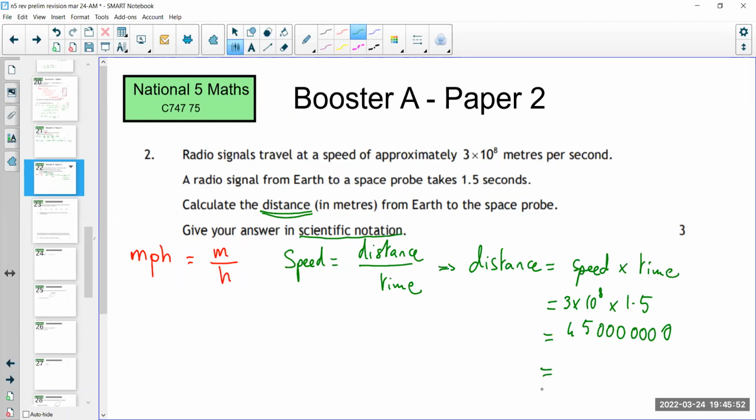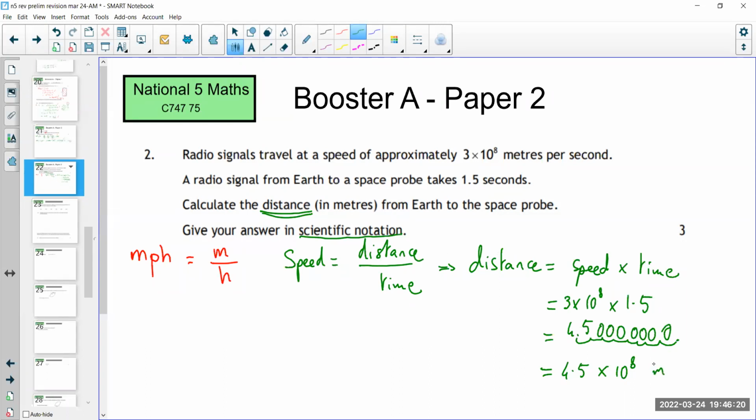Now to write that in scientific, you put, remember here, an imaginary decimal point, and then you move it 1, 2, 3, 4, 5, 6, 7, 8, till you get a number between 1 and 9, which is 4.5 times 10 to the power 8. Distance, and it's in meters.